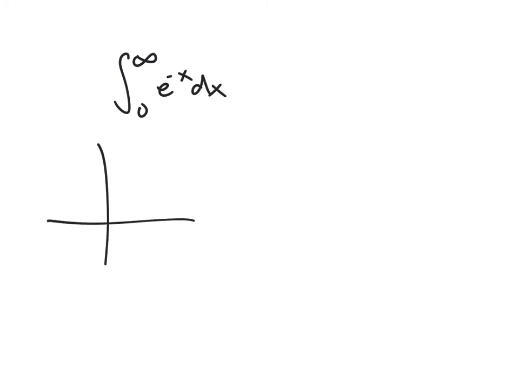So for our next example, let's look at the integral from 0 to infinity of e to the minus x dx. So, right, e to the minus x looks like your exponential decay. And so we are looking at the area on the right side. And as we know with exponentials, this is going to decay towards 0 very quickly there. So let's see what happens.